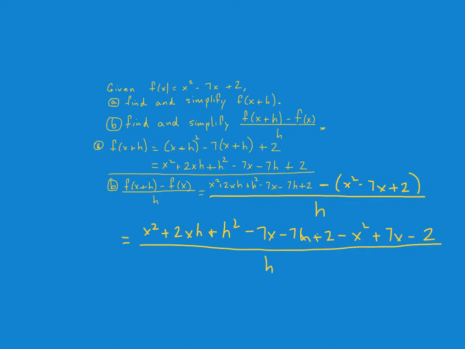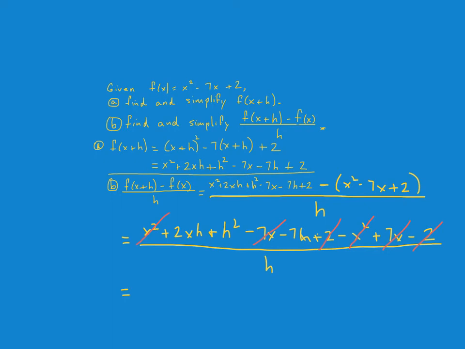So x squared here and a negative x squared here, a negative 7x and a positive 7x, a positive 2 and a negative 2 all add to 0. So every term that remains contains a factor of h. All the terms that do not contain a factor of h will cancel out at some point in this process.